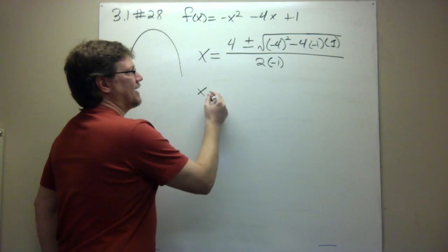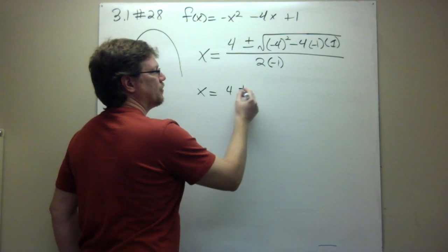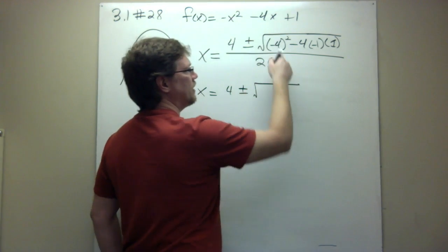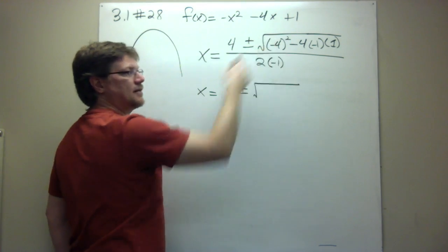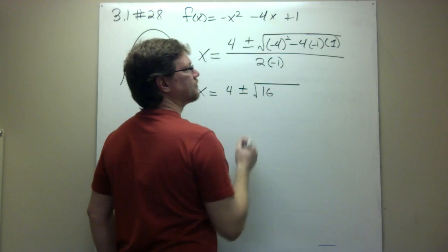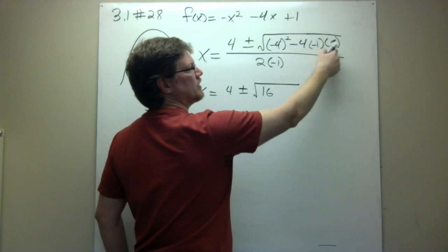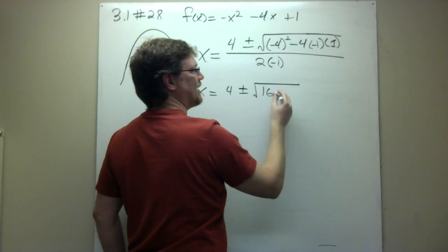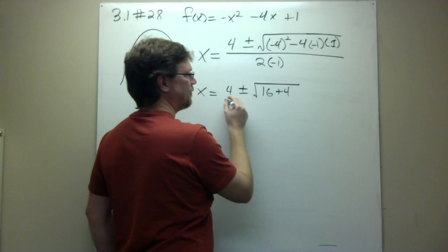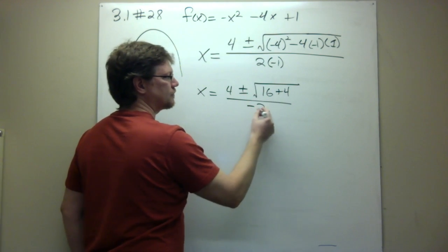So this is going to give me x is equal to 4 plus or minus the square root of 4 squared is 16, negative times a negative is a positive, minus 4 times a negative 1 times 1, 4 times 1 times 1 is 4, negative times a negative is a positive, and that's going to give us a plus 4. And this is over a negative 2.